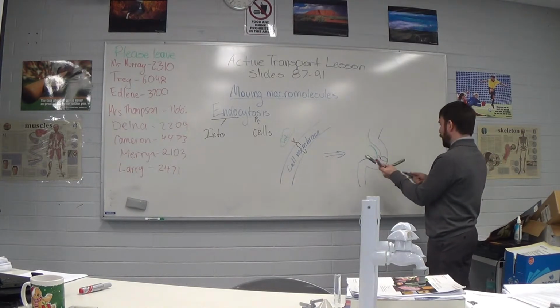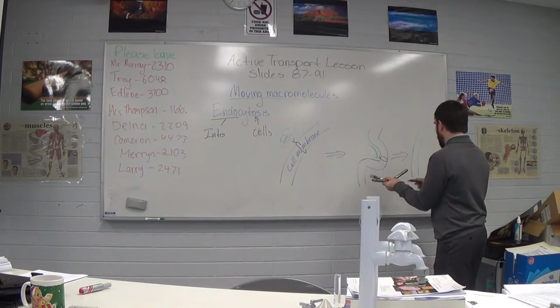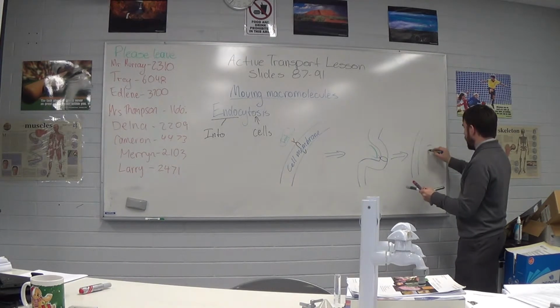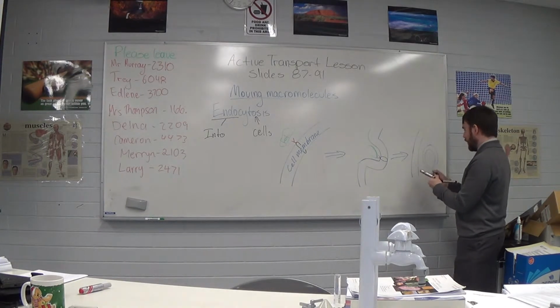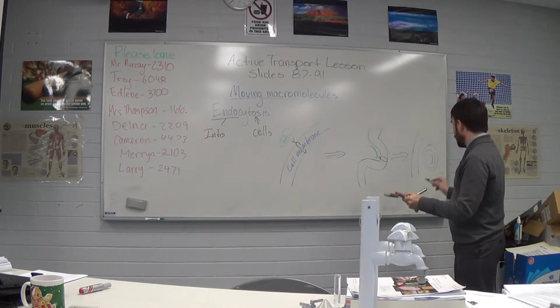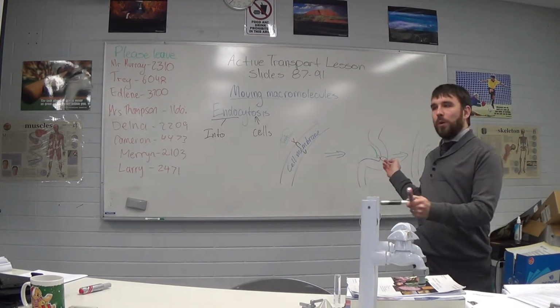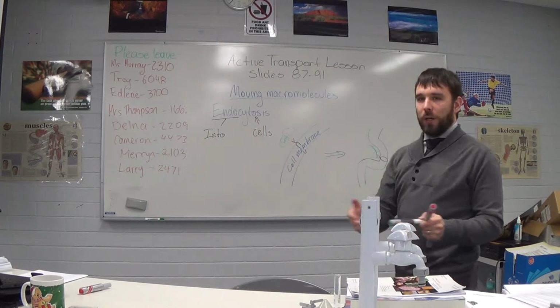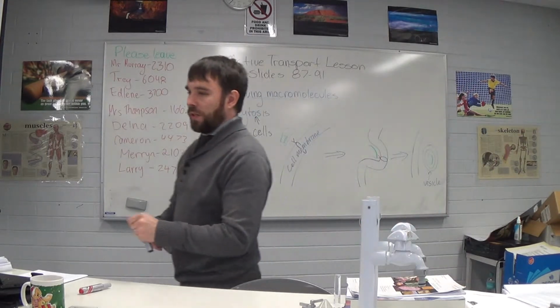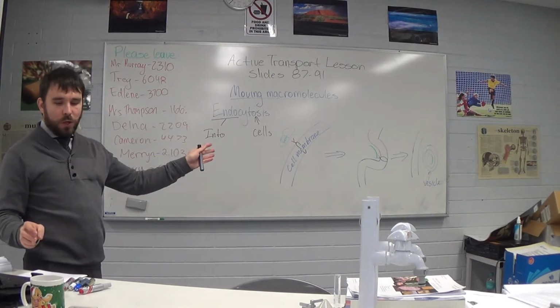And eventually, the cell membrane reforms, and what we'll end up with is a vesicle with that fat inside. So here we have our vesicle. And then that vesicle could go on, and it can be broken down, the fat can be digested and broken down, and it can work rather well. That's for a solid particle.